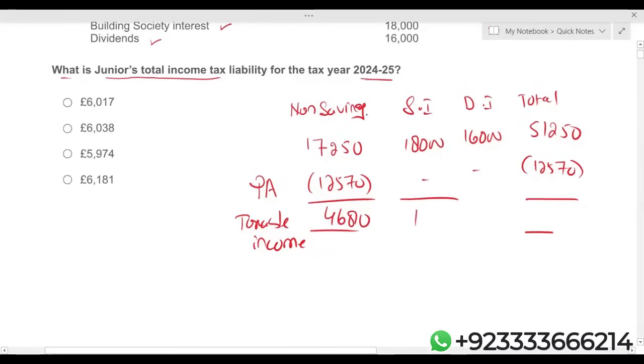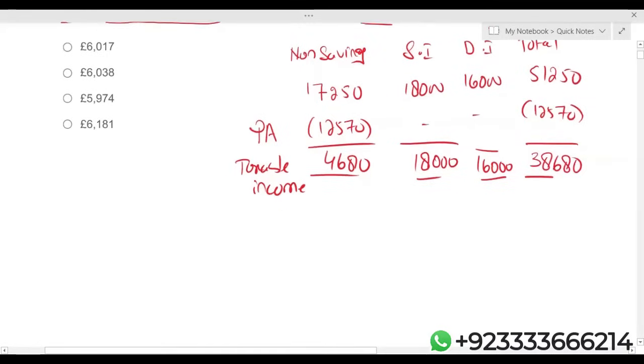Of course, 18,000 and definitely 16,000. 4,680 plus 18,000 plus 16,000 gives 38,680. Of course, we have to first apply the income tax rate on non-saving. 4,680 definitely falls in the basic rate band. Non-saving 4,680 into 20%, I'm getting 936.